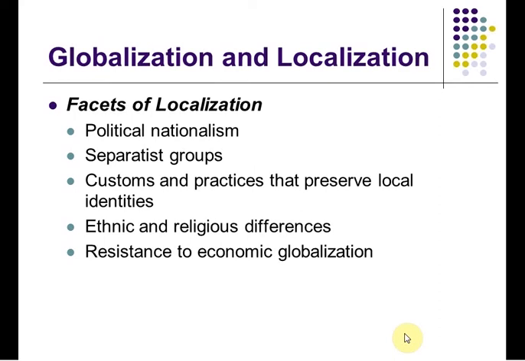You have separate groups that create localized environments, and interestingly, while we see a lot of globalization occurring, you also have seen in recent years countries divide into smaller partitions. The country of Sudan, one of the physically largest countries in Africa, has divided in half over the last 5 years.